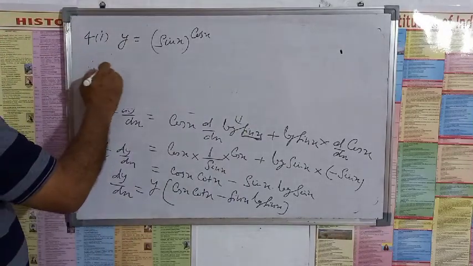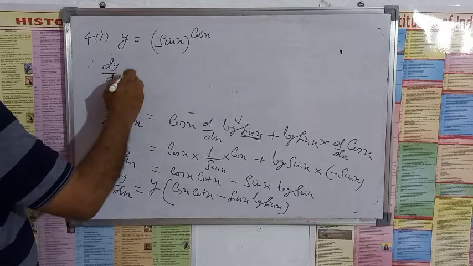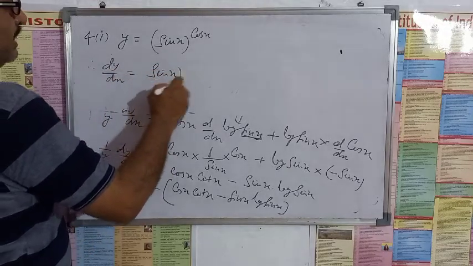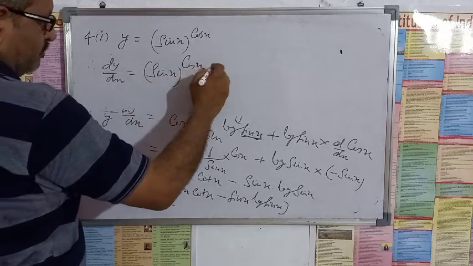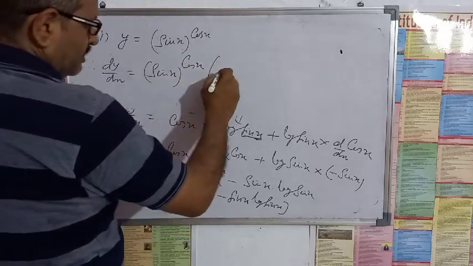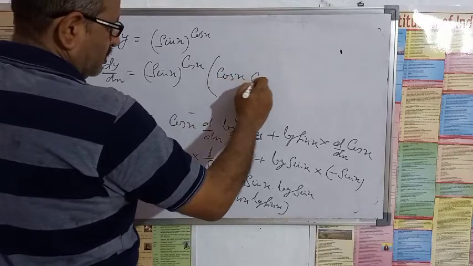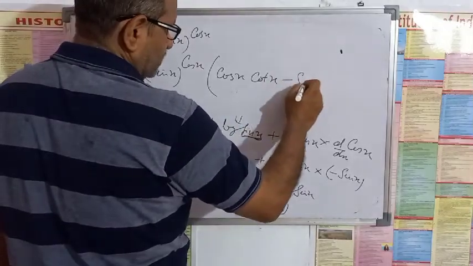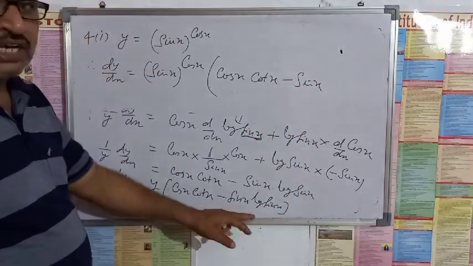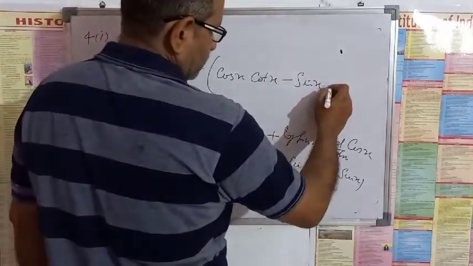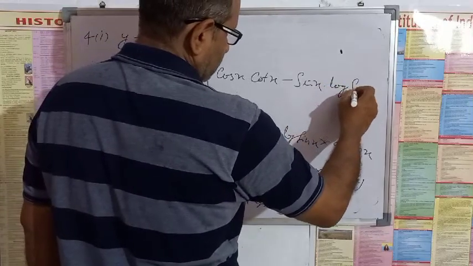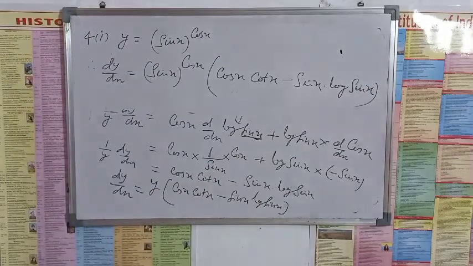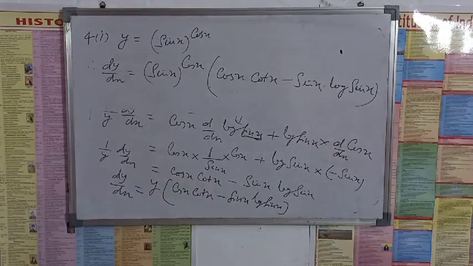So therefore dy by dx is equal to sin x to the power cos x in bracket cos x into cot x minus sin x into log sin x.